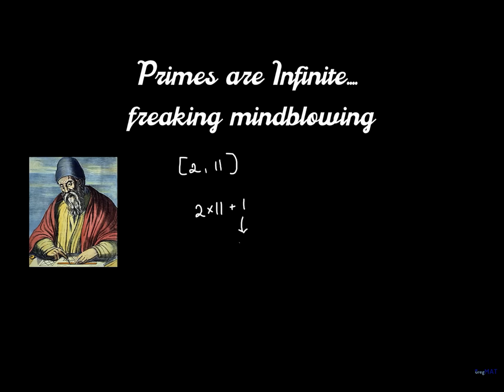So what this does is it guarantees a new factor. So what does this number equal? This equals 23. And what do you know? 23 is a prime number right there. So if we found a new prime number, the only thing we can conclude is that our original idea that the primes are not infinite is wrong. Is that cool? I don't know. Is that just me?